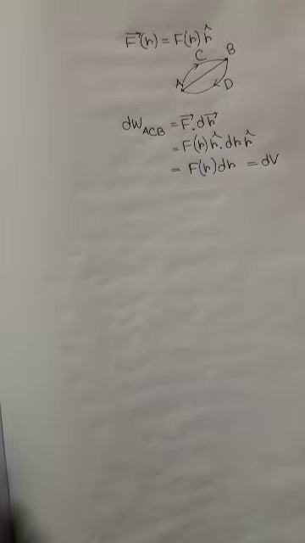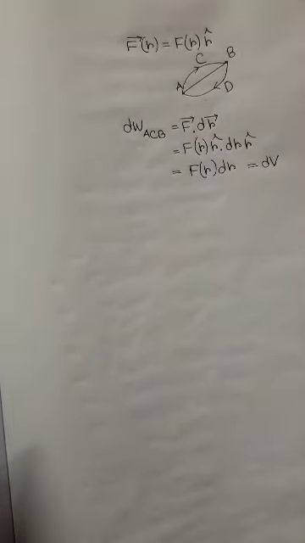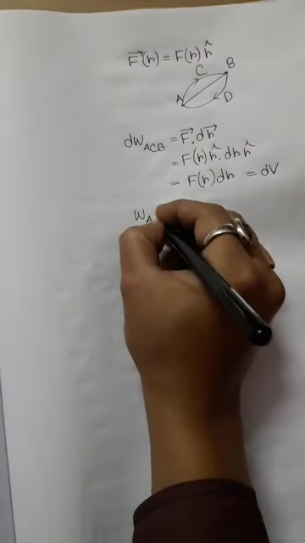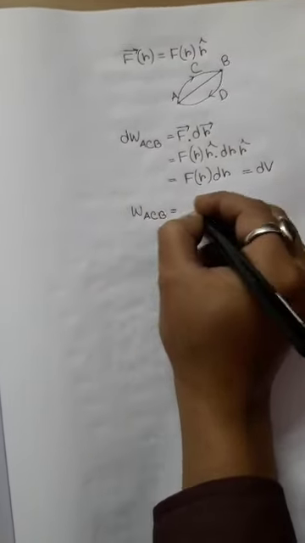Now what will be the total work done in taking the particle from A to B via ACB path? The total work done in taking the particle from A to B is simply the integration of this, that is A to B dV.